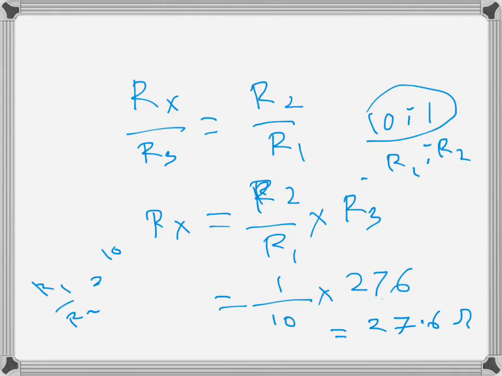If R2 was 10 times R1, then we would have 10 in the numerator and 1 in the denominator, and that would give 2760 ohms, about 2.76 kilo ohms. So that's the unknown resistance. I thought of explaining the derivation of the equation as well.